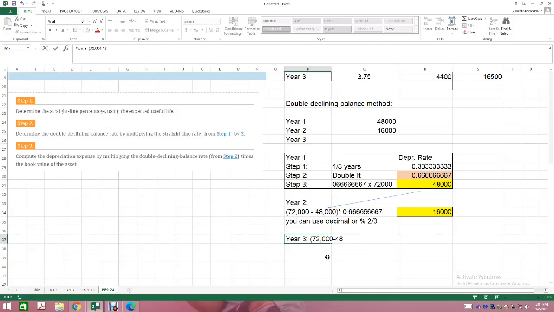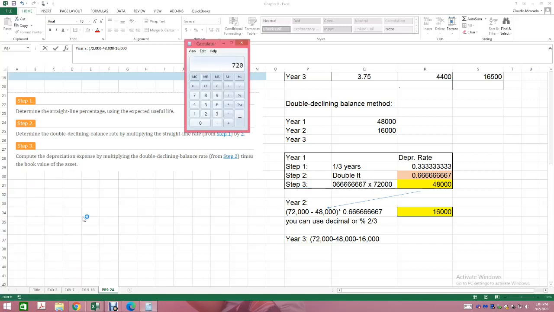I depreciated it 48,000 year number 1 and 16,000 year number 2. Now let's figure this out. 72,000 minus 48,000 minus 16,000 gives me $8,000 balance remaining.